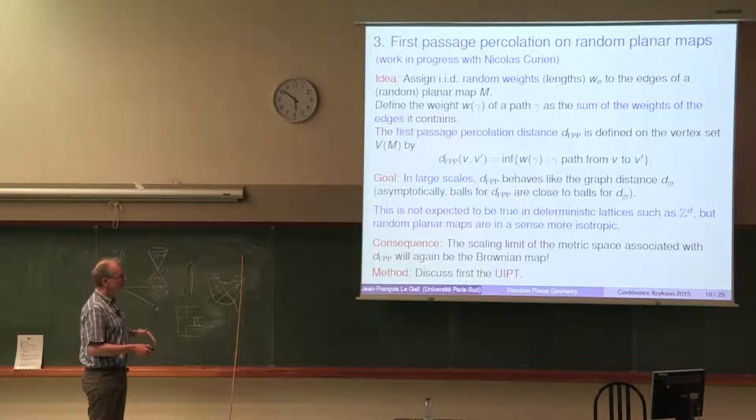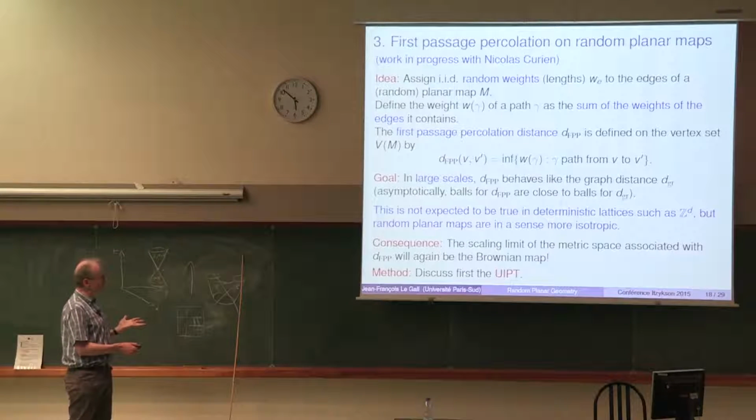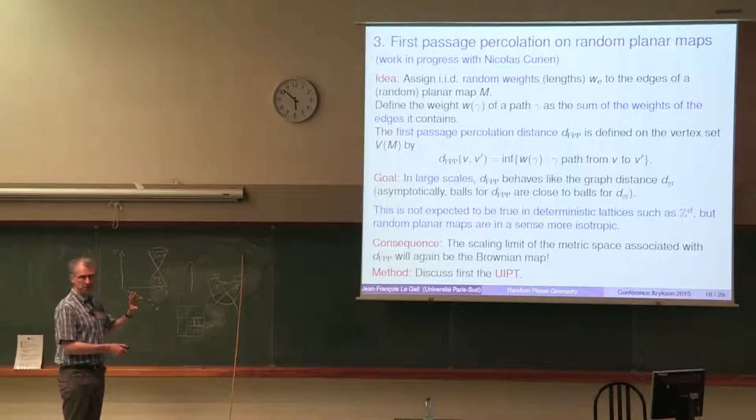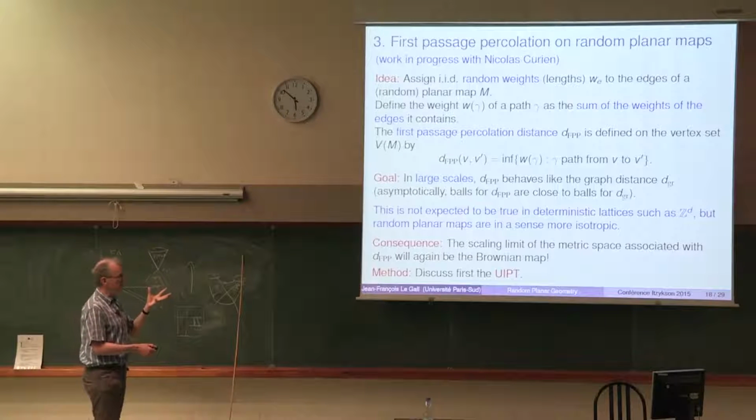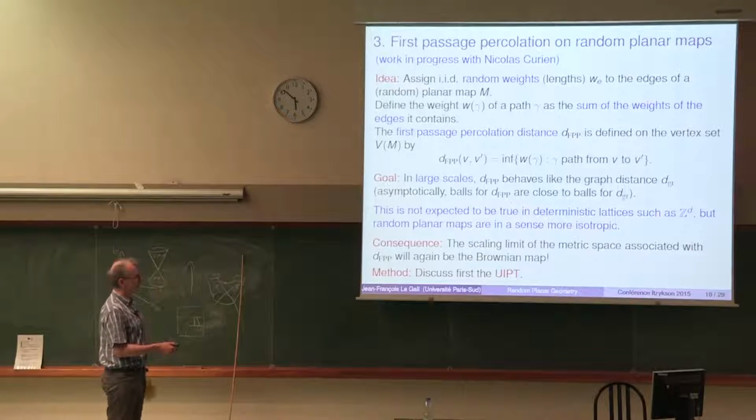It's expected that you get an asymptotic shape for balls for the first passage percolation distance, which is not the shape that you get for Euclidean distance or for the graph distance, of course. But in some sense here, as we work with random planar maps, there is more isotropy, much more isotropy than for deterministic lattices. Okay? So this is the reason why we expect this.